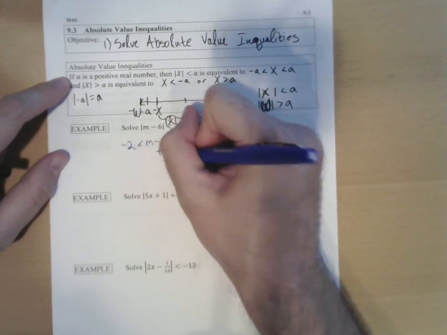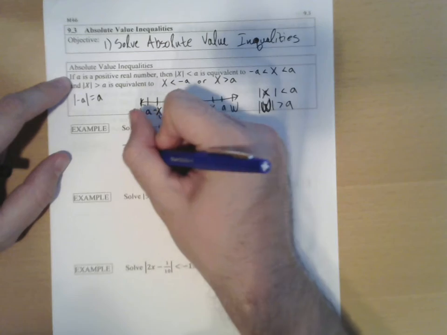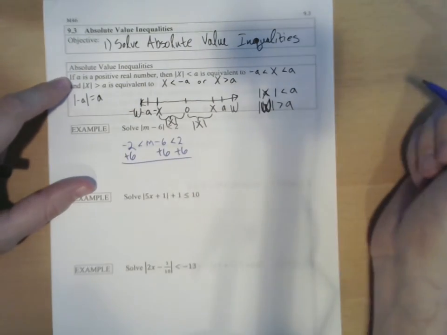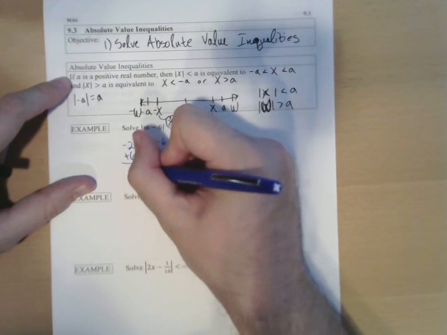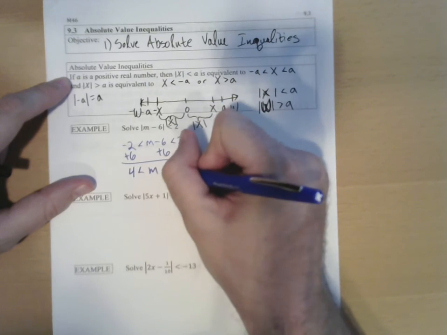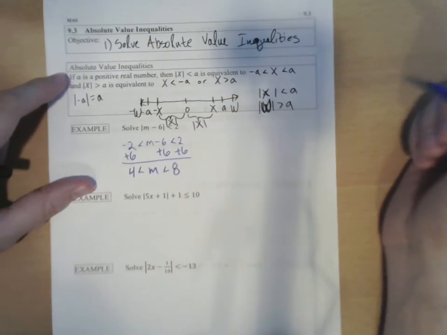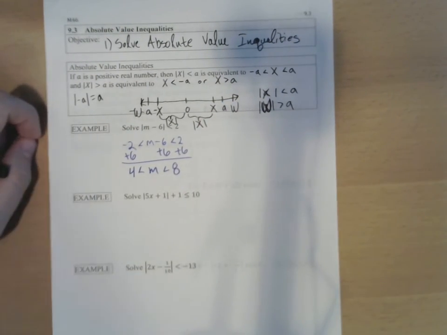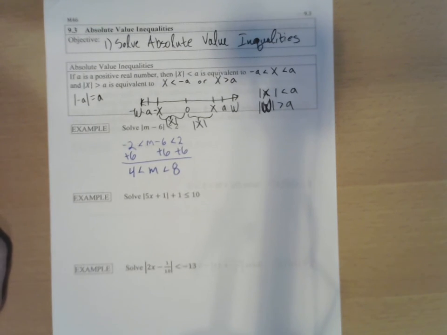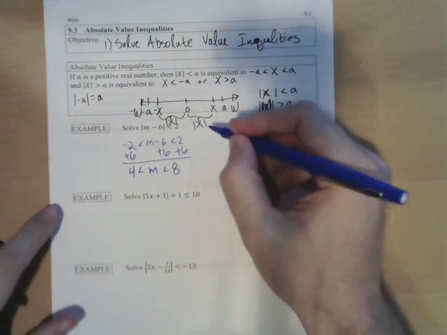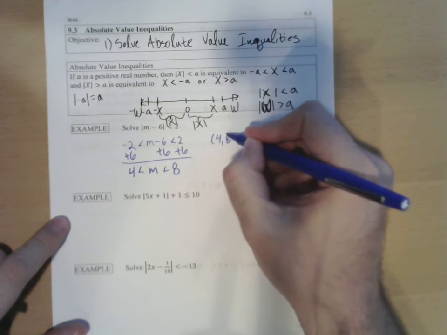And then we solve like we did back in section 9.1. So we're going to add 6 to all three pieces. We're going to have 4 is less than M is less than 8. And if you've done this correctly, you should get a true statement. When you end up with non-true statements, that's when you know you've run into an issue. So as an interval, this is 4 to 8.